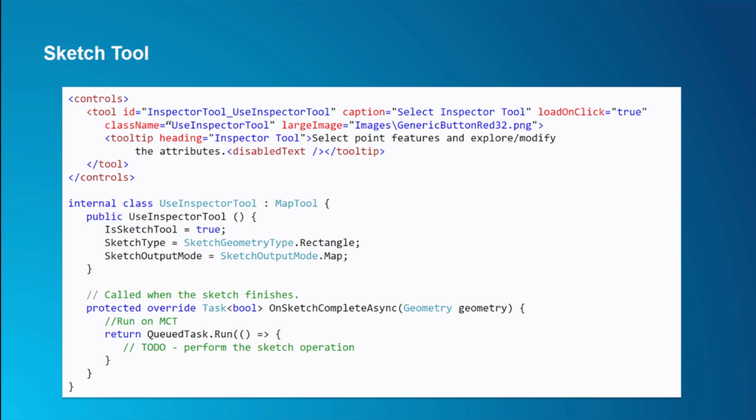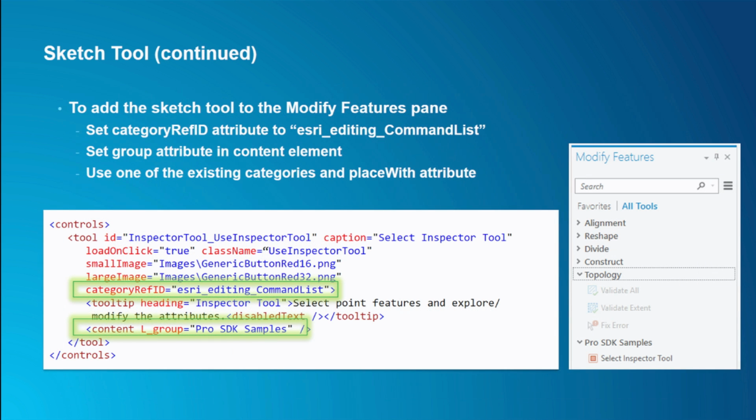Now, the difference here is that as opposed to the construction tool where we specify our target geometry, we're using a different category ref ID.